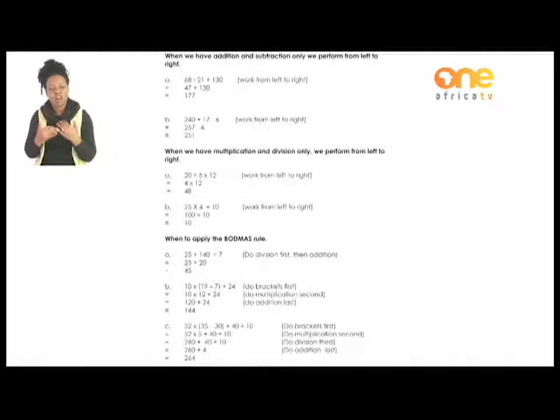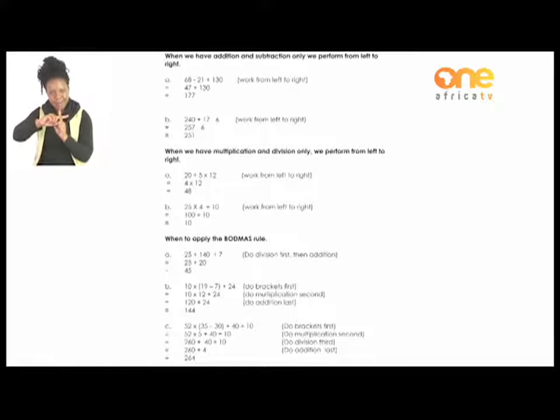Now we're going to do the multiplication part. 52 times 5, and that is equal to 260 plus 40 divided by 10. Now I'm left with an addition and I'm left with a division. According to BODMAS, I must do the division part first.